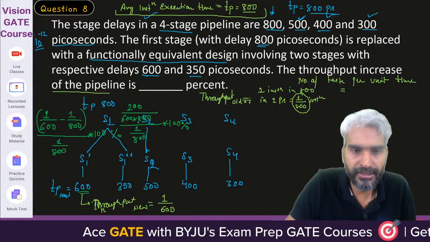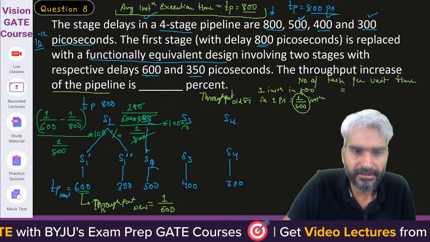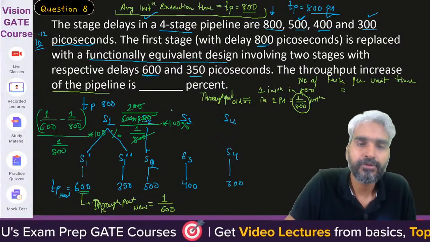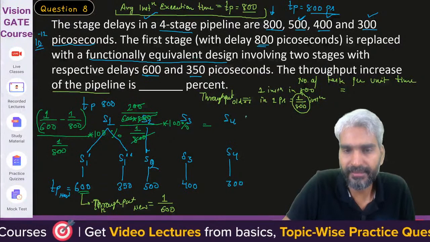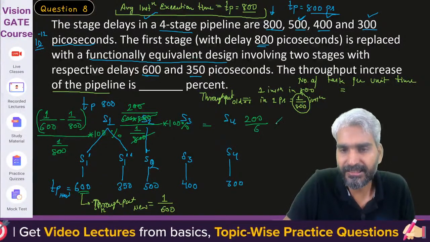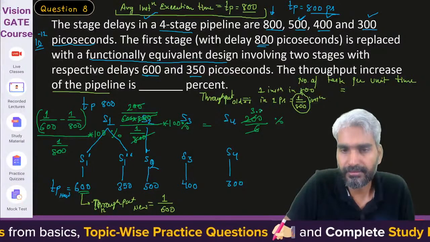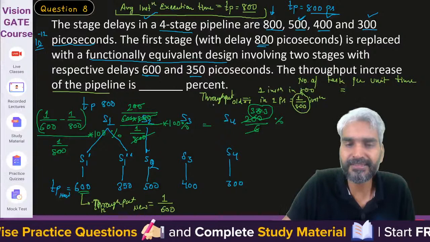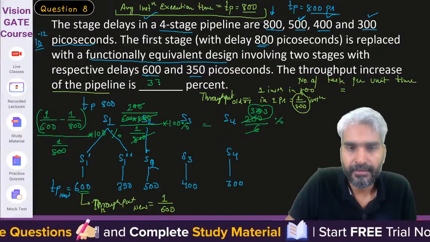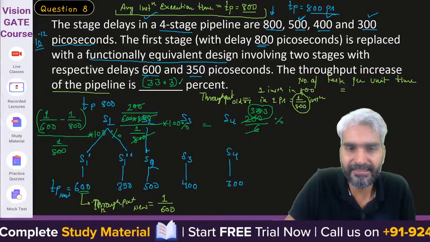The 800 will get cancelled. So it is 2 by 6, which is basically 200 by 6%. 6 3s are 18, so it is 33.3%. 33.3% will be the answer.